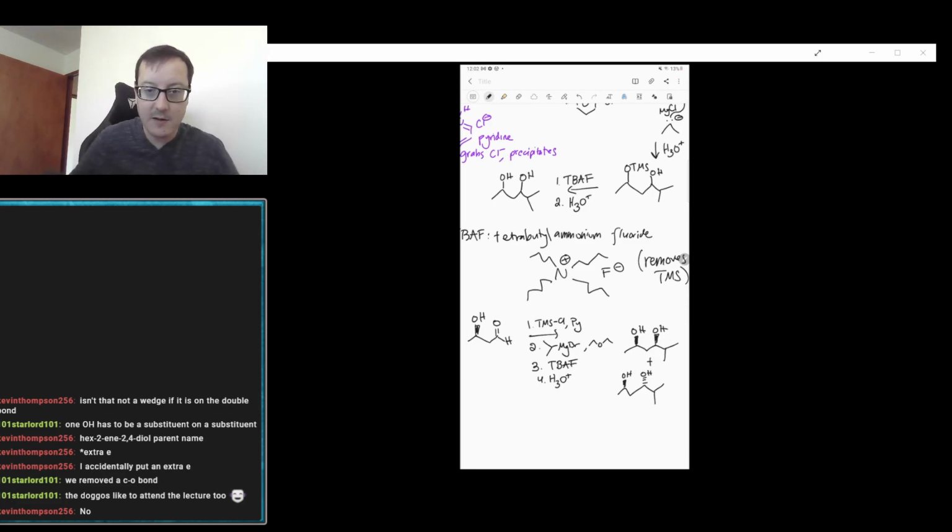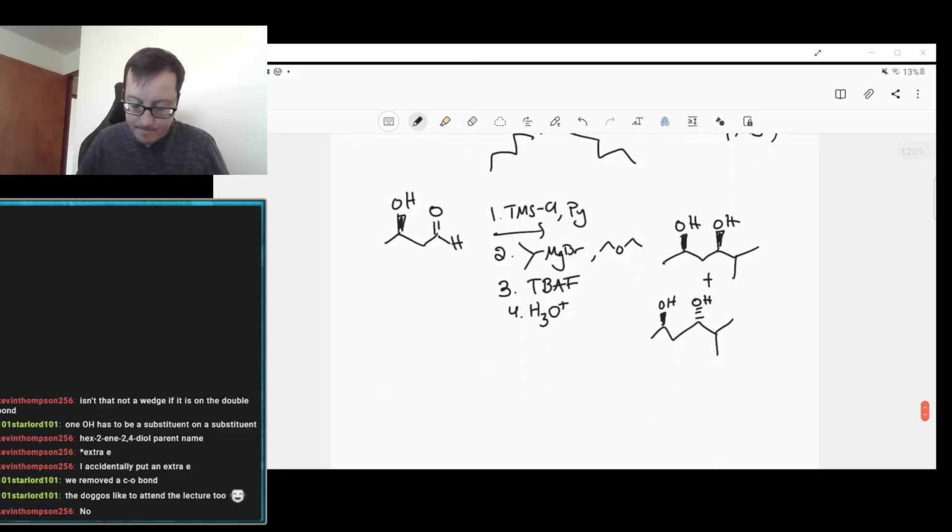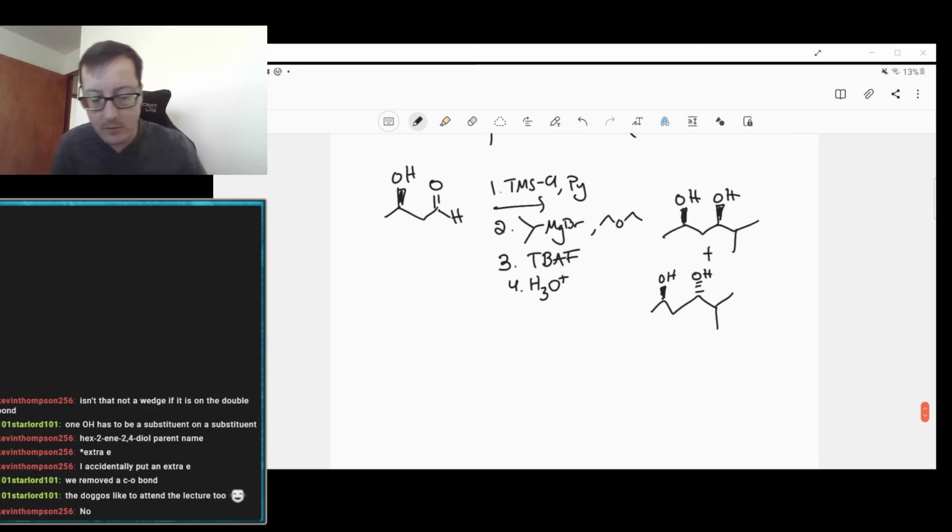Let's flip this to the side so we can see. So this would be the series of steps you would need to do to get this reaction to happen. You need to protect your alcohol with the TMS chloride. You need to then do your Grignard. Then you remove your protecting group, and then you can do your acid wash.